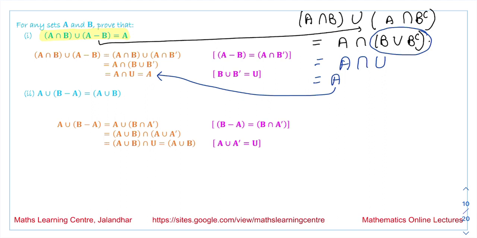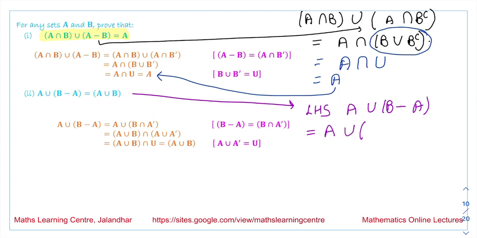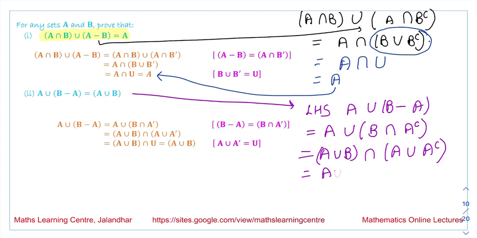Now for the second part, the left hand side is A union (B minus A). B minus A means B intersection A complement. When we apply the distributive property, we get (A union B) intersection (A union A complement).